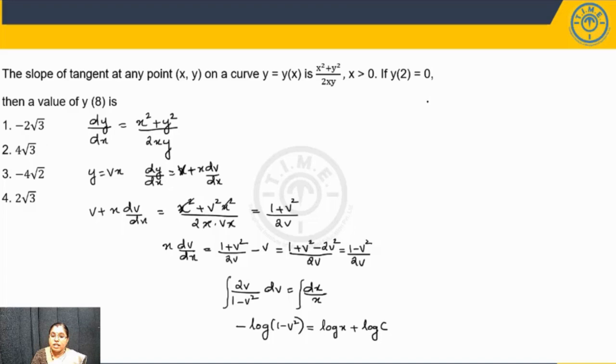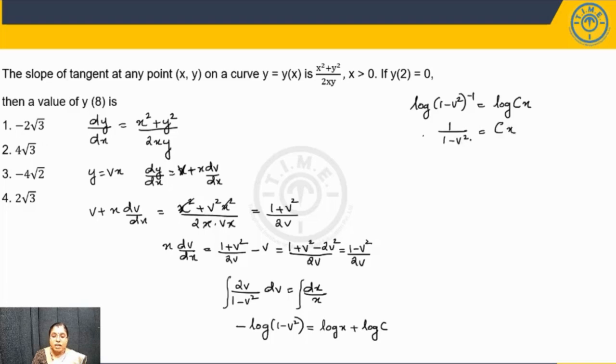Or let us write log of (1 minus v square) the whole raised to minus 1 is log cx. Why? Because log a plus log b is log ab. That is, cancelling log on both sides, we have 1 by 1 minus v square equal to cx.